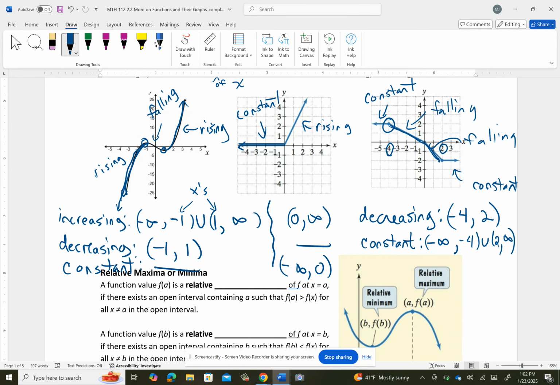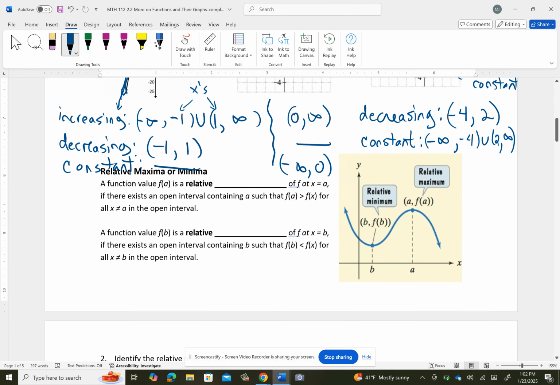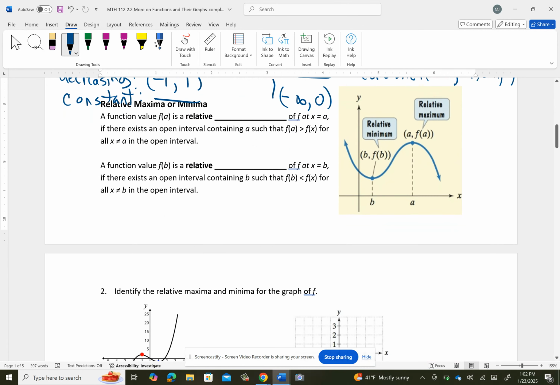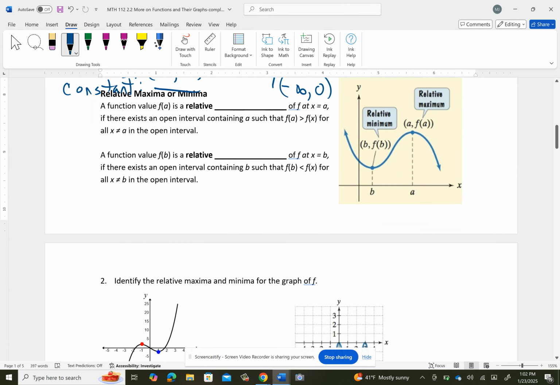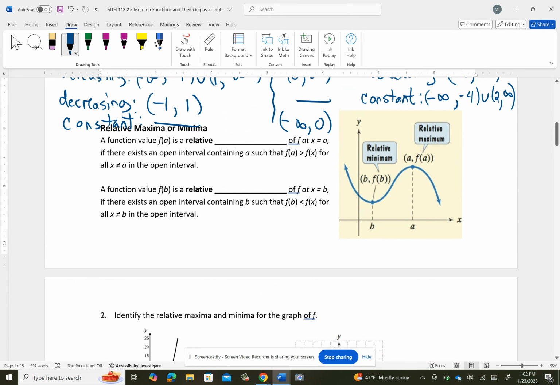All right, let me go ahead and do this concept also. Here, we're talking about maxes and mins, all right? So there are functions, like a parabola, where you have an absolute lowest point. They would call that an absolute minimum. Okay, so that can happen.